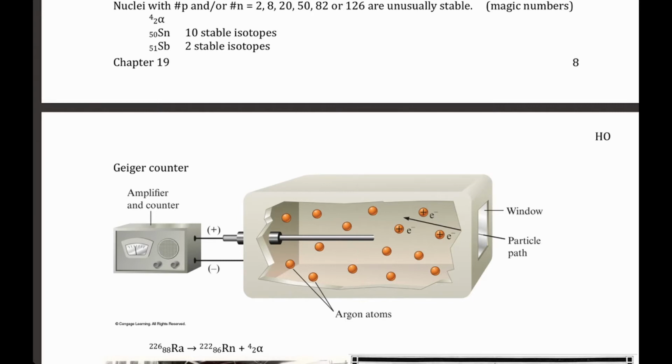And those, being mobile charges, can conduct current, and the argon sample now conducting current can be measured, can be detected, and so the Geiger counter is set to beep, to make a sound when a current is detected. So the more current, the more radioactive decay going on, the more beeps we hear by the Geiger counter.